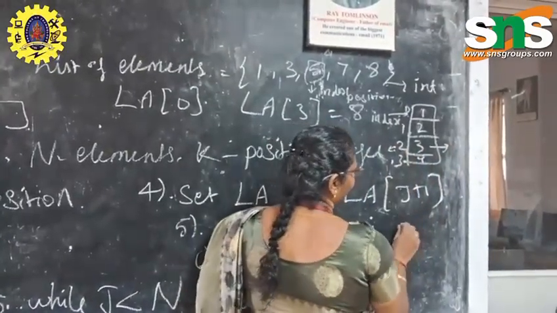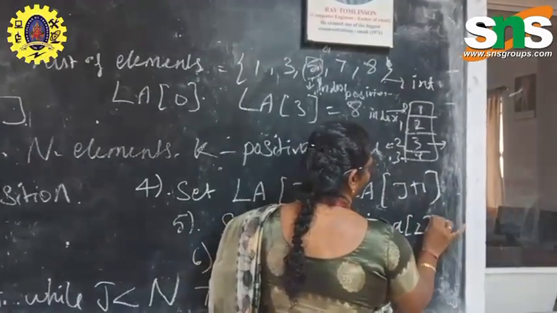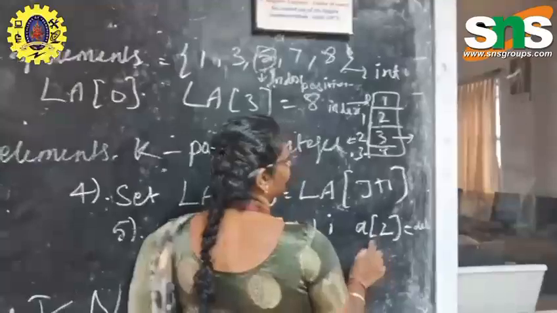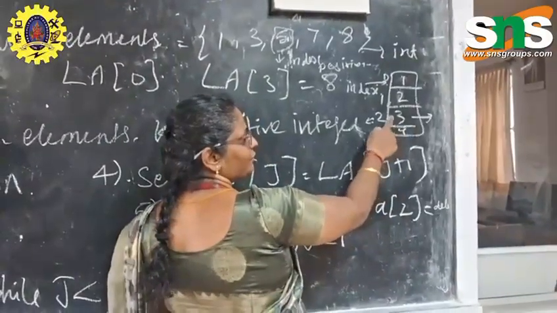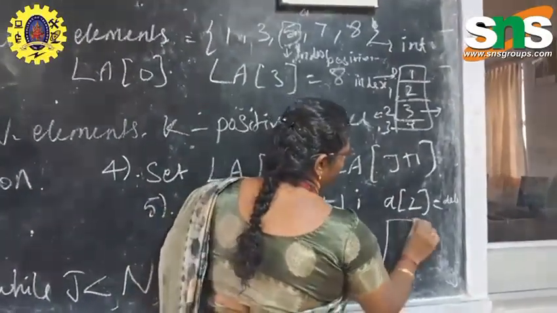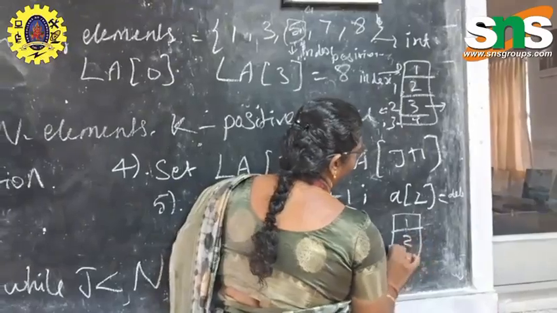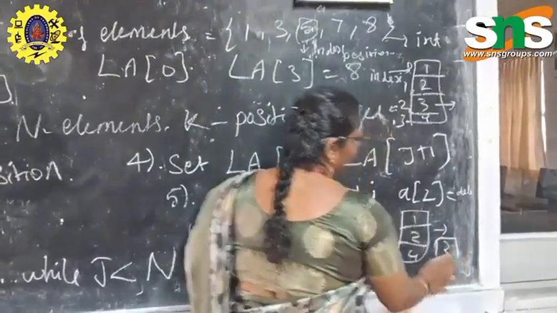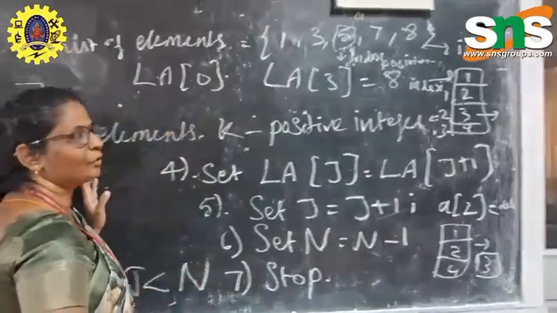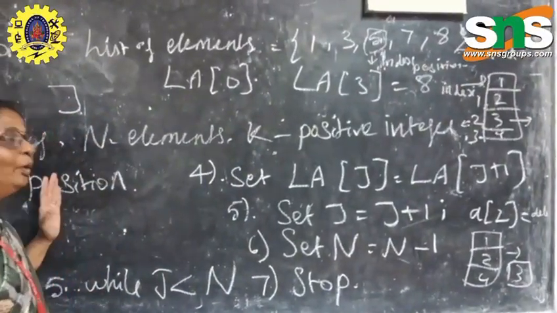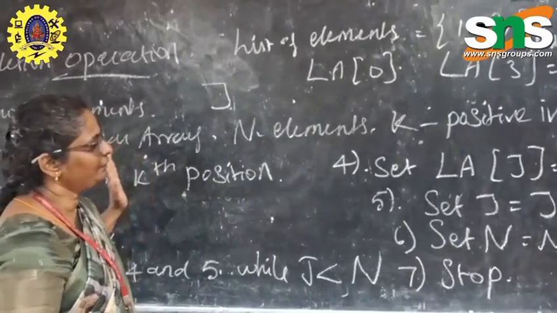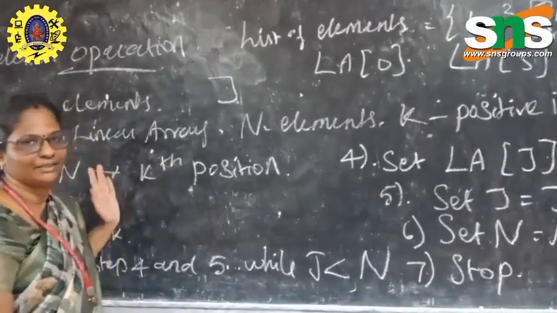From A of 2 we delete, and if we give delete, it removes the element from the list. Afterwards it displays 1, 3, 7 and 8. So using the index value we can delete the given element, then again display the list of array elements.